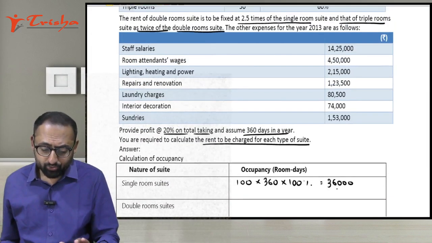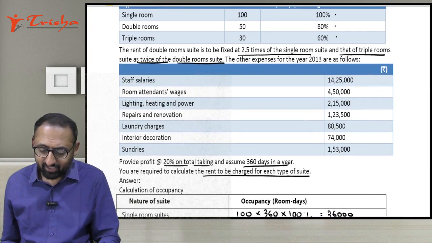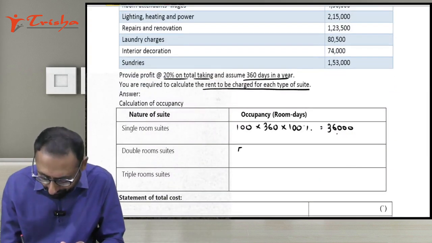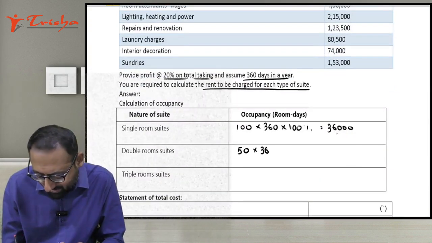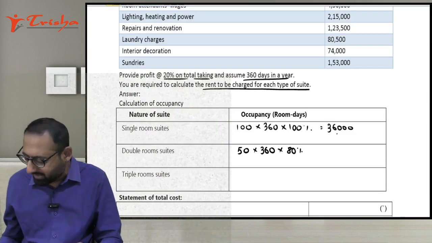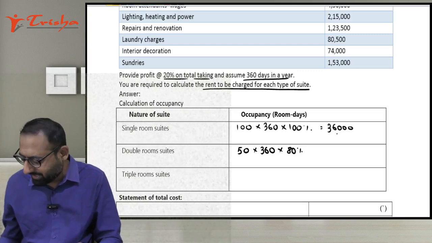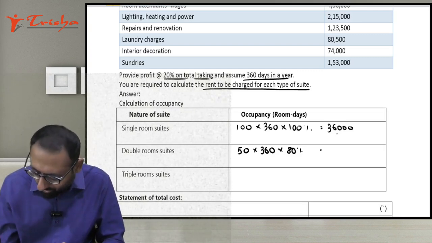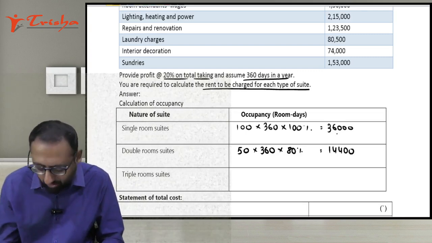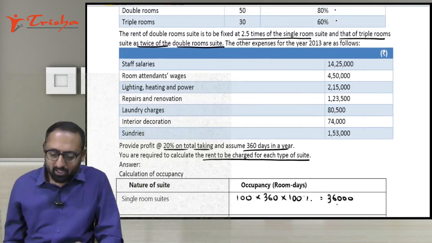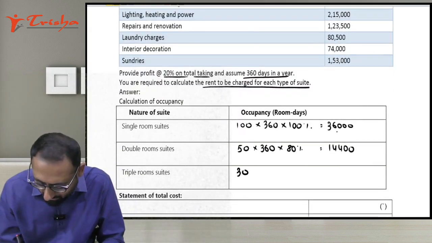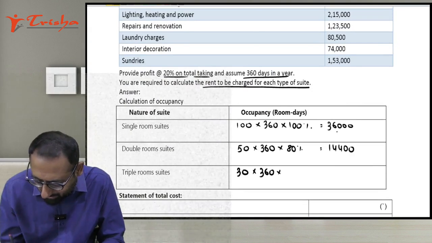Double room suites: there are 50 and 80%. So 50 multiplied by 360 multiplied by 80% occupancy, that is 14,400. Now the triple room suite: 30 and 60%.